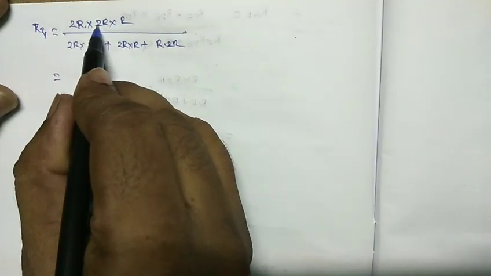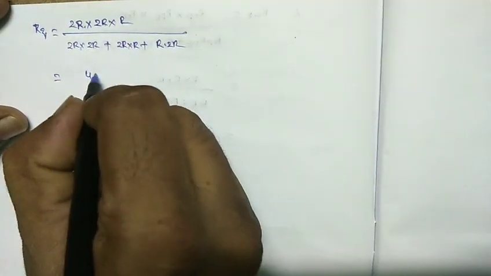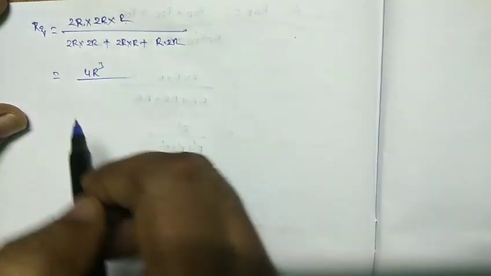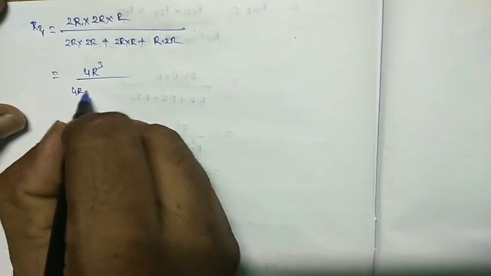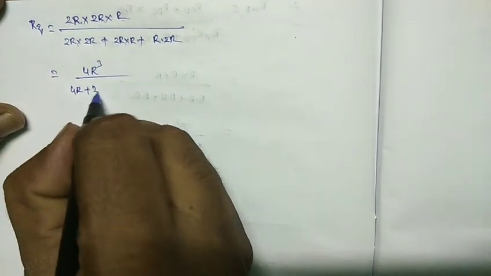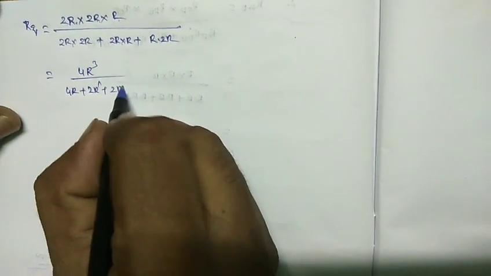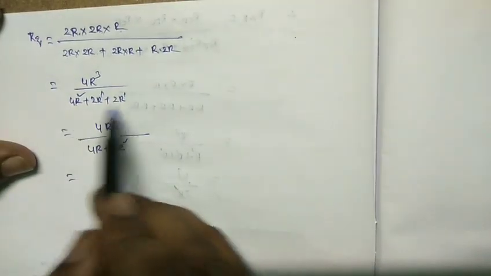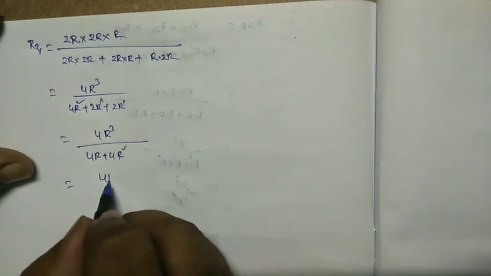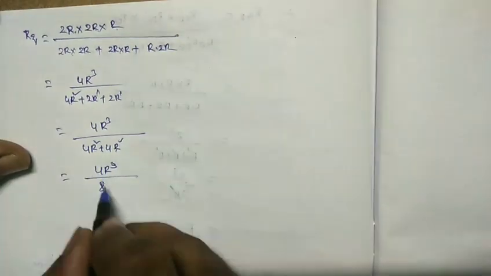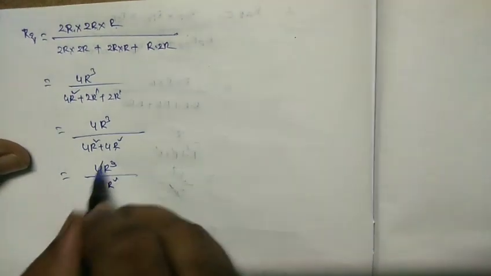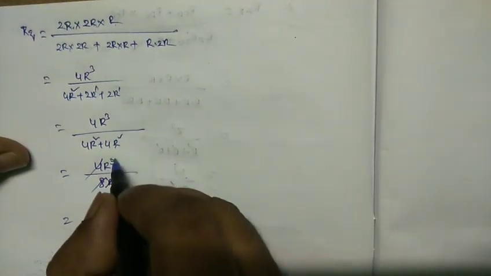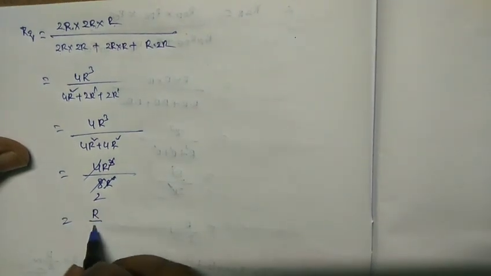Therefore, 2 twos are 4, R into R into R is R cube, so 4R cube. In the denominator, 4R square plus 2R square plus 2R square, that is 4R square plus 4R square, which is 8R square. Then 4R cube by 8R square: R square cancels, R remains, and 4 ones are 4, 4 twos are 8, therefore R by 2 ohms.